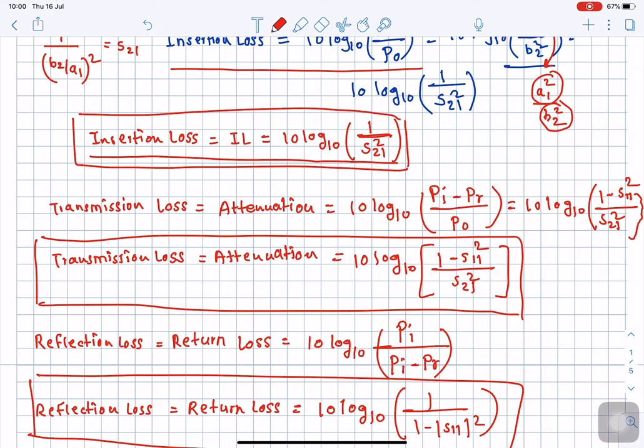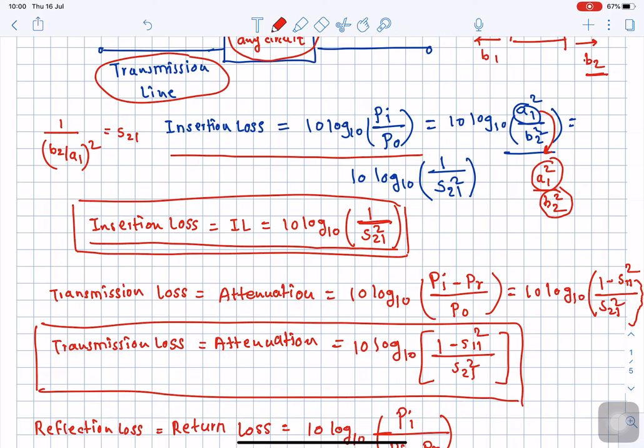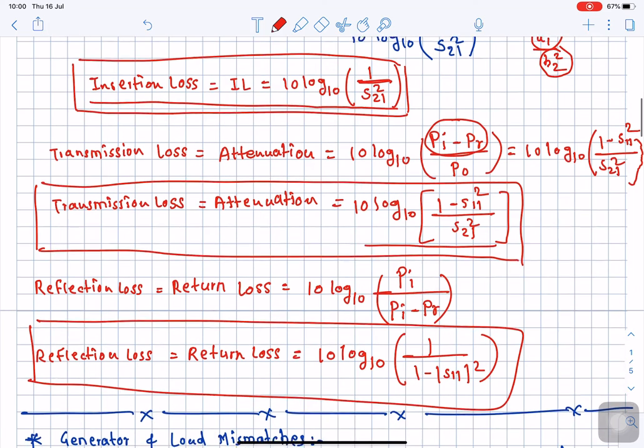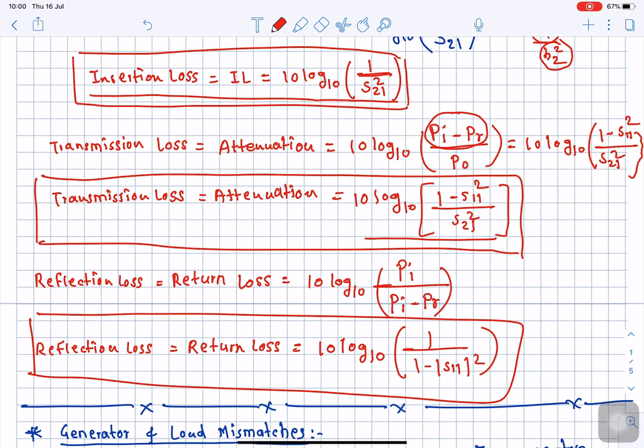The way in which we converted the waves in the insertion loss to scattering parameter, on similar lines you can put these power entities in terms of waves and square them. Finally you will get this particular answer. So the transmission loss or the attenuation loss is dependent on S11 as well as transmission coefficient S21.